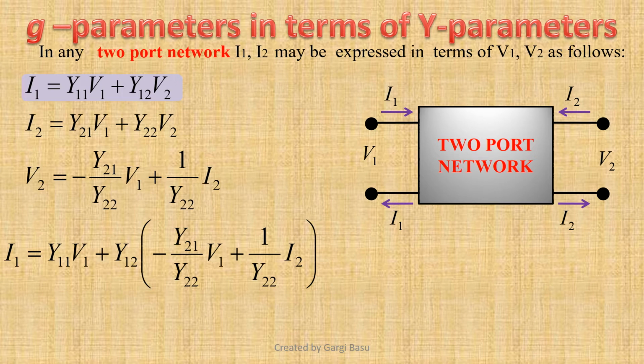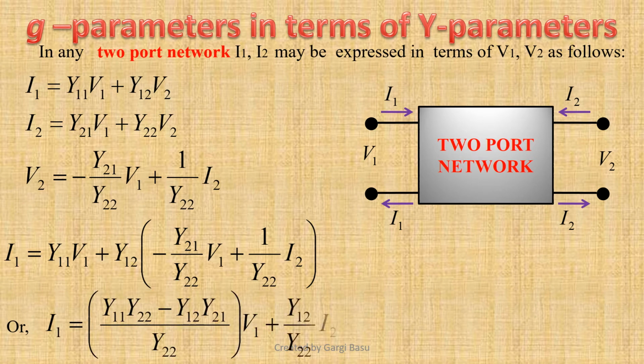Rearranging this equation, we can write I1 equals Y11 Y22 minus Y12 Y21 divided by Y22 times V1 plus Y12 by Y22 times I2.